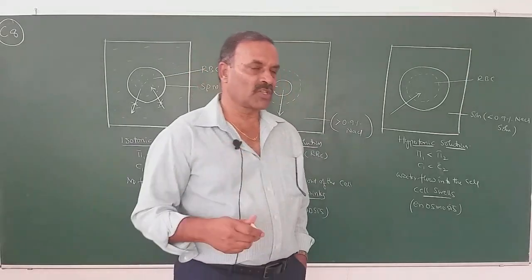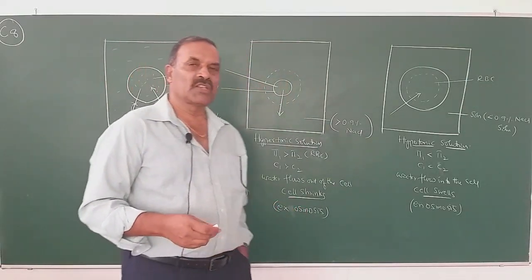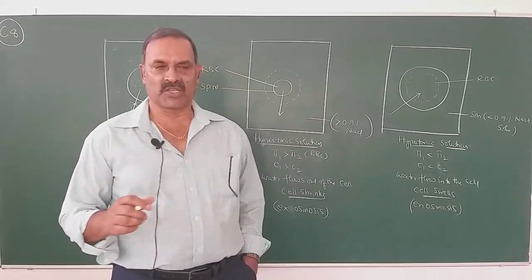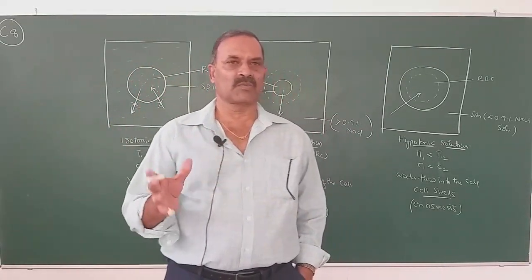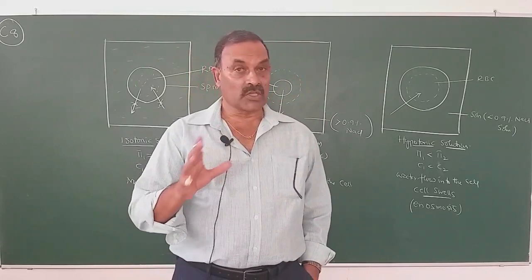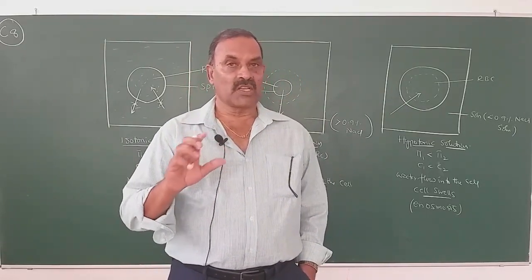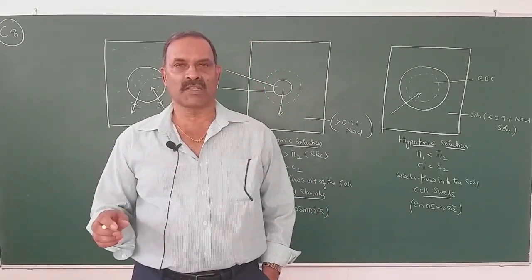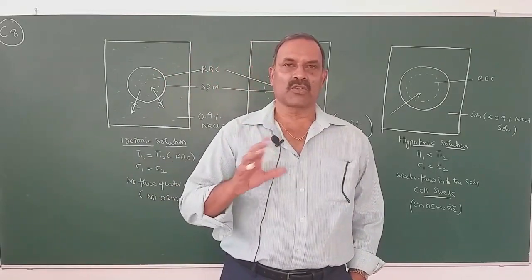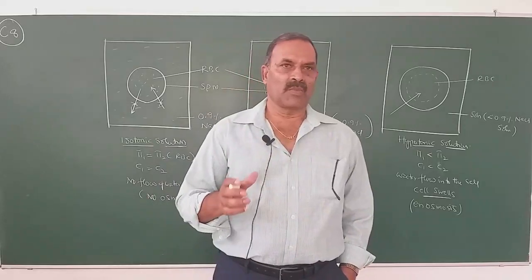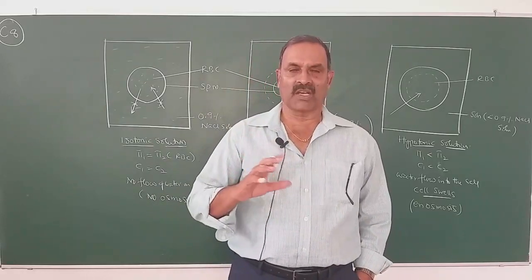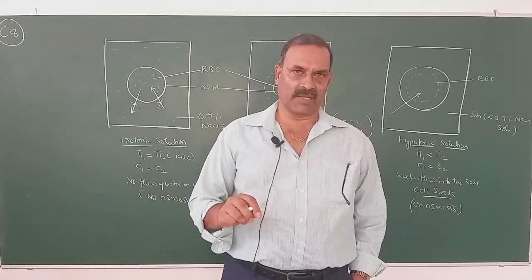What are isotonic solutions? Different solutions having the same osmotic pressures are called isotonic solutions. Isotonic solutions will have the same molar concentration. When these isotonic solutions are separated by a semi-permeable membrane, there will be no flow of solvent on either side of the membrane.